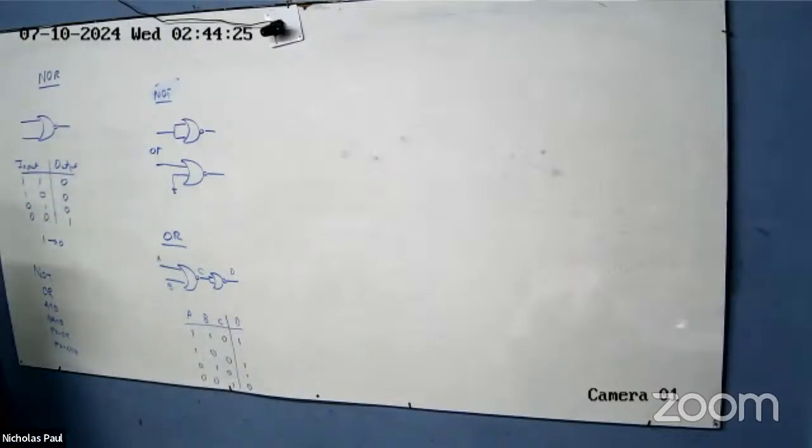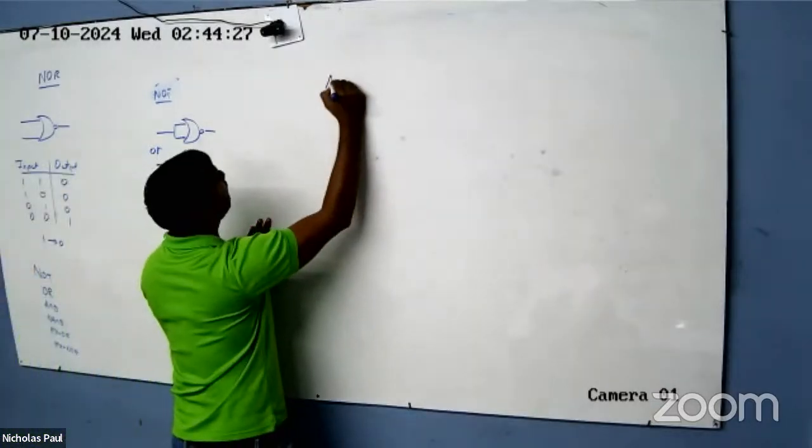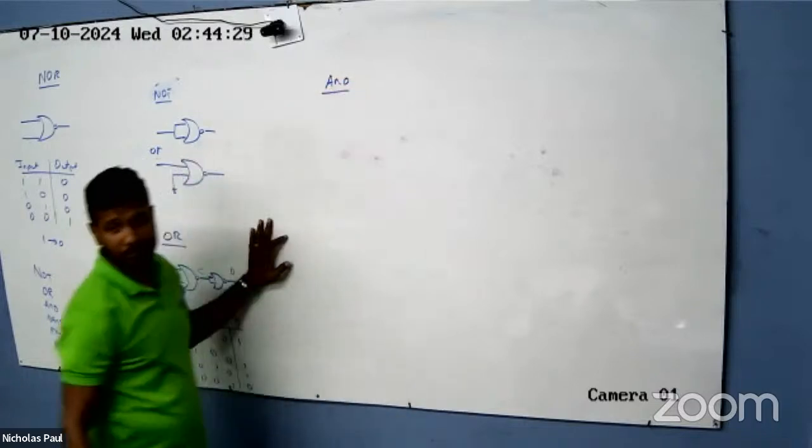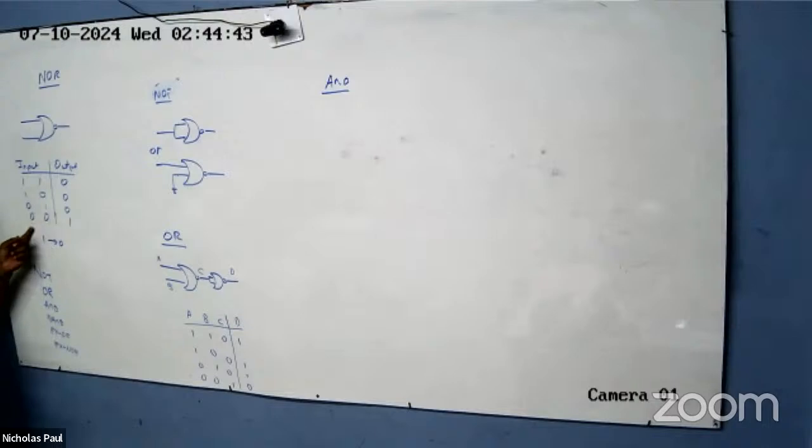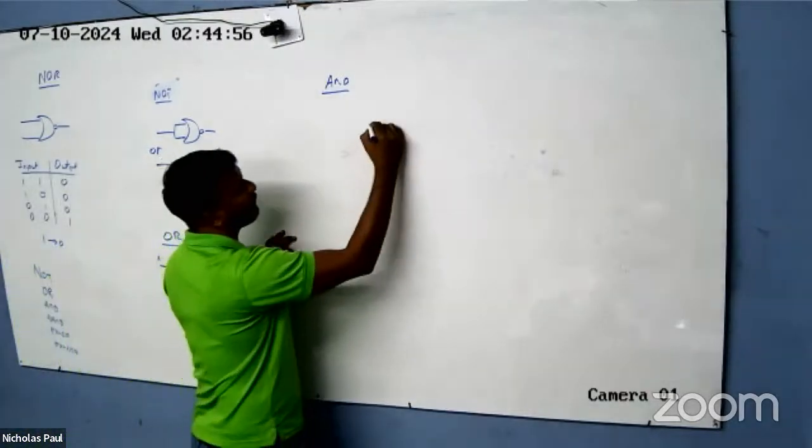Right. Now come to the question I asked a little while ago. How do I get the AND? You all told me to flip it over. What will do that for me? Do I want to flip the output or the inputs? Flip the inputs, right? What will flip the inputs?